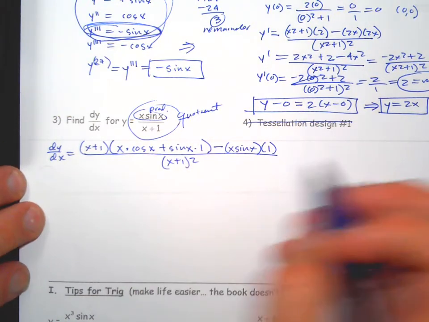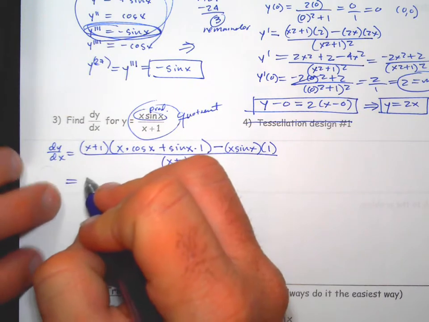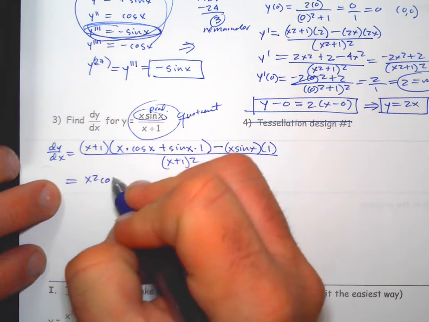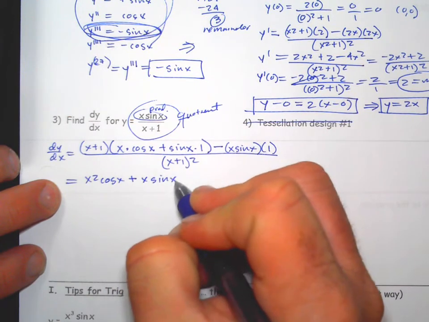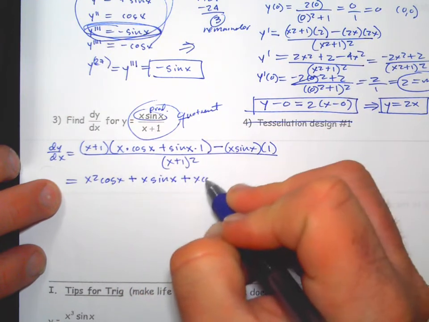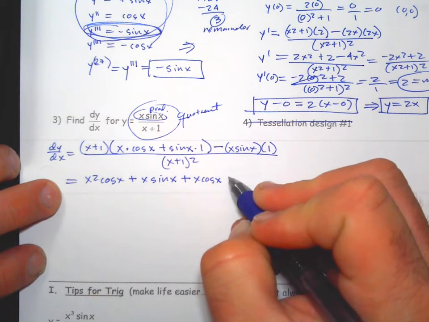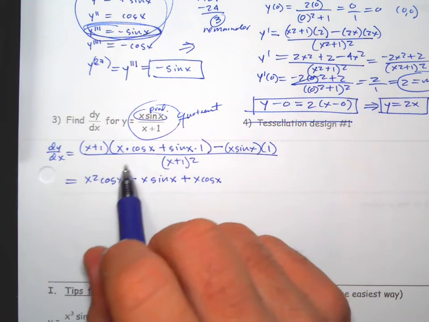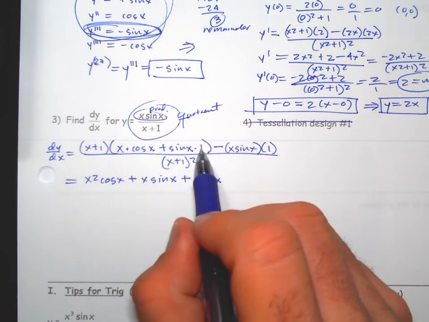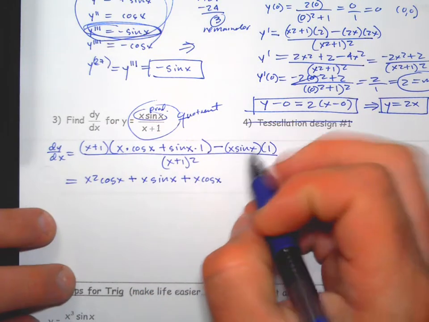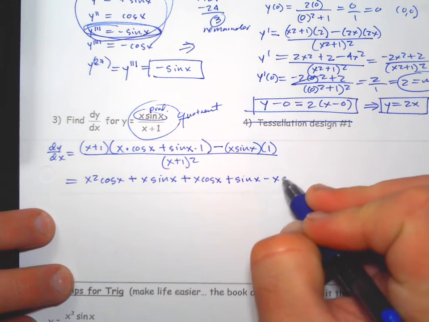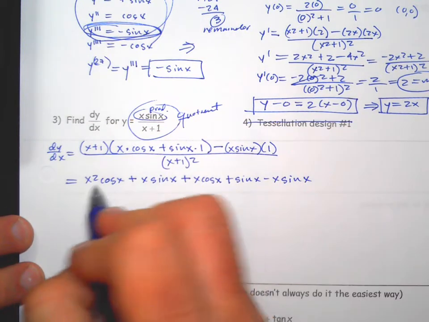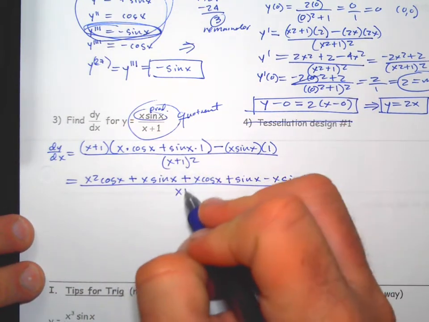So now we're going to clean it up. It's going to be x squared cosine x plus x sine x plus x cosine x, minus... let's see, x sine x plus x cosine x plus sine x minus x sine x. I will leave the denominator factored.